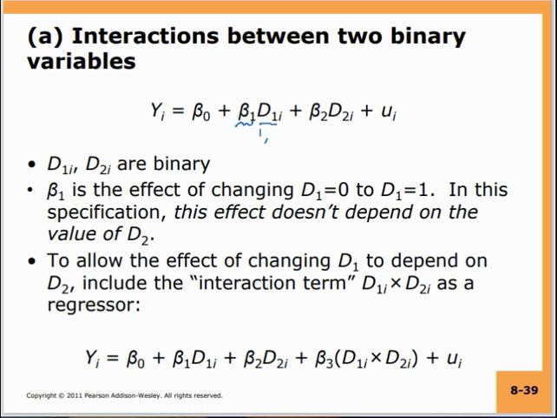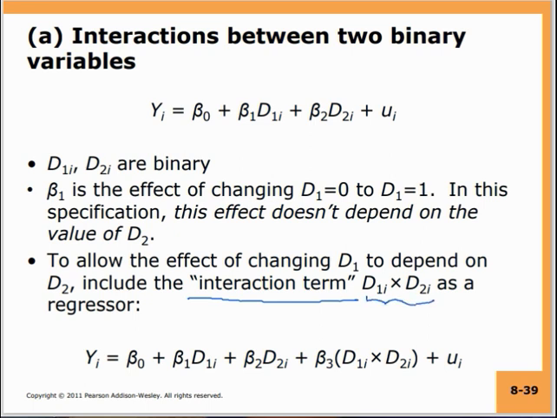Okay, and in this specification, when we specify the model like this, the effect of d1 on y does not depend on d2. Now, in order to allow the effect of d1 on y to depend on d2, we include something that's called an interaction term, which is nothing but the product of d1 and d2.